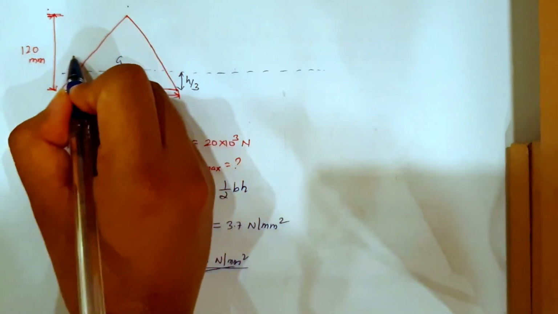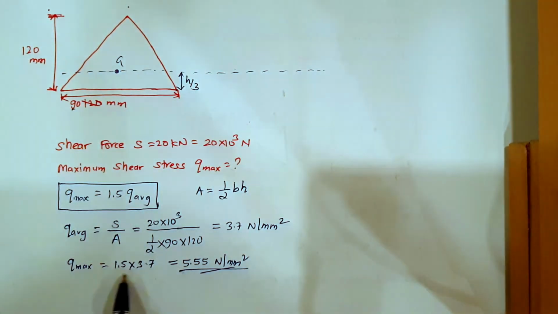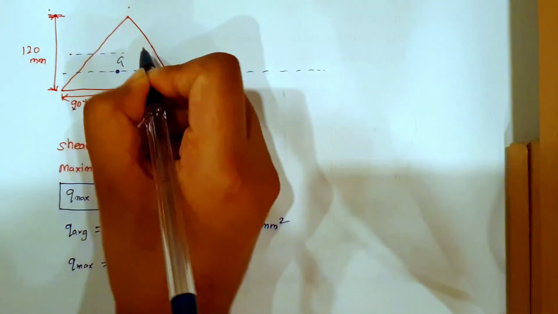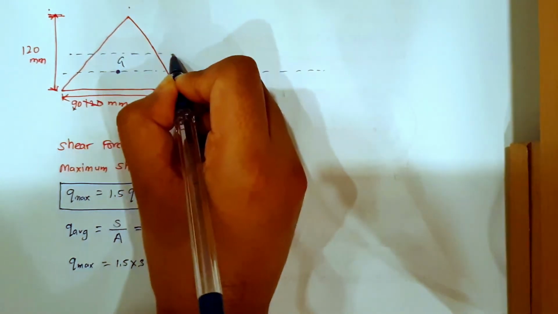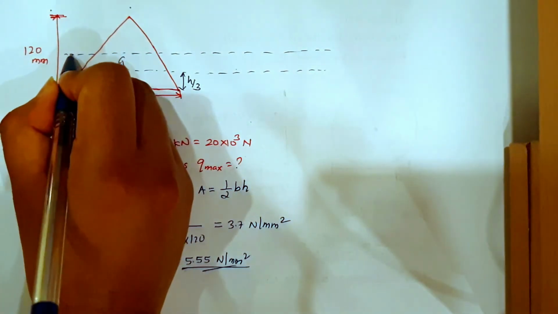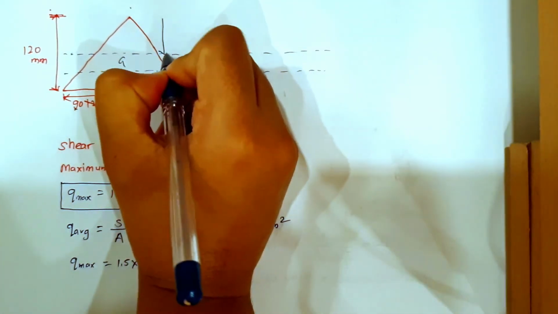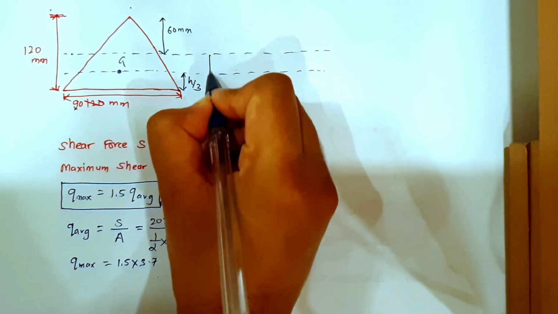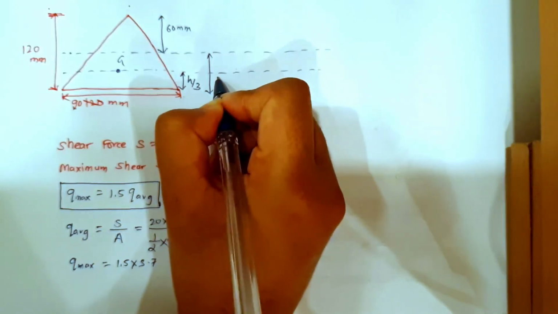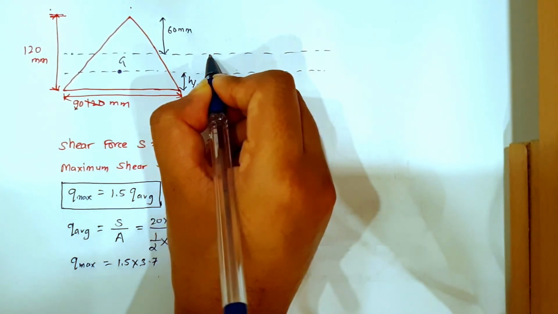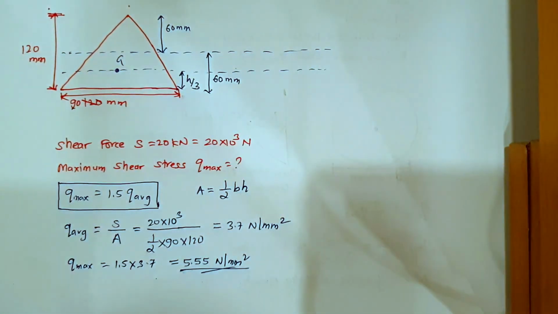And this Q maximum will lie at half the height. If from here to here it is 60 mm, then from here to here I'm considering it to be 60 mm. So the maximum stress will lie at the middle portion of its height.